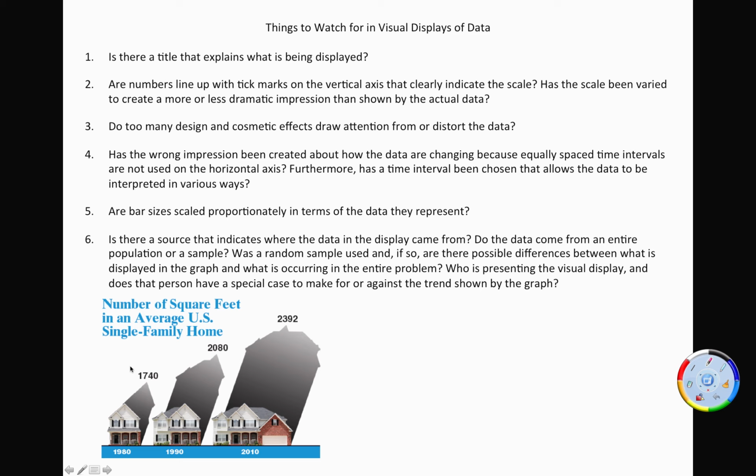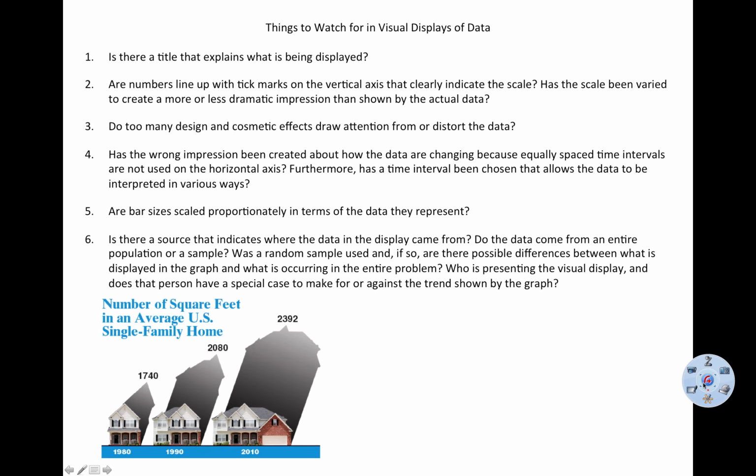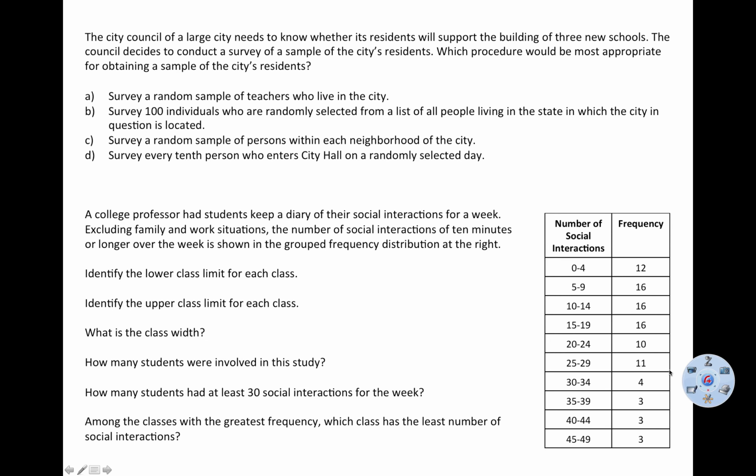So look at all of these kind of things anytime you are given some information represented pictorially in a graph or chart or some kind of display. Very easy to mislead. All right, let's look at some questions and see what we can do here.